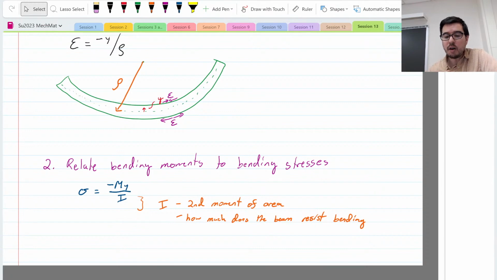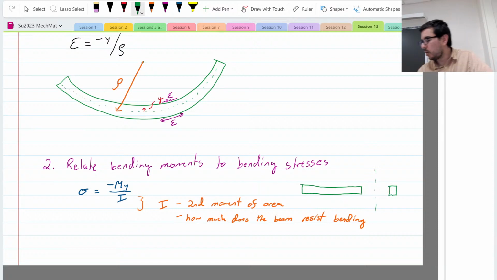All right, so now what we end up doing is we say, okay, if I have a beam like something like this, right? And now I look at the cross section of the beam, so I do a rotation. So I've got my beam, all right, here's my flat beam, and now I look at the profile. Okay, I'm looking at the profile of the beam.